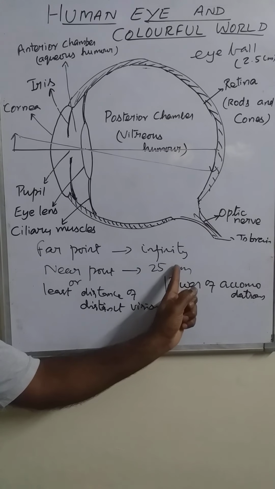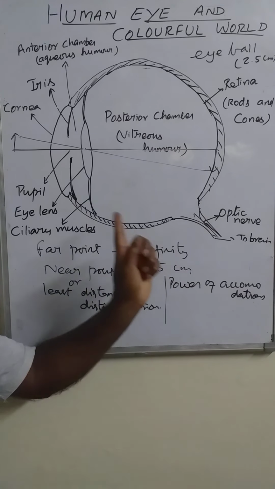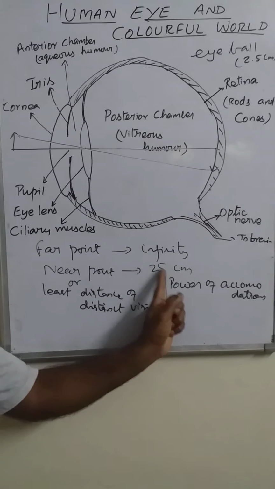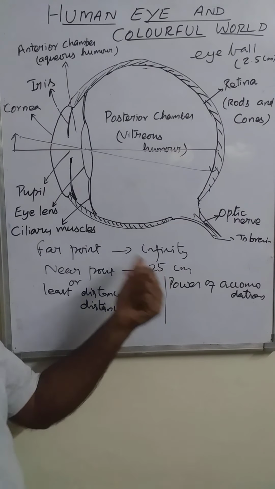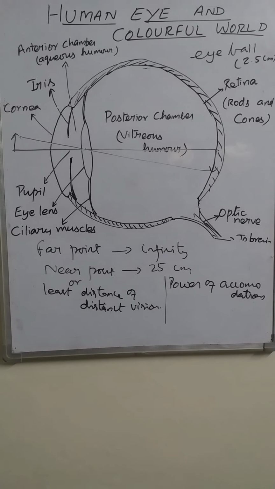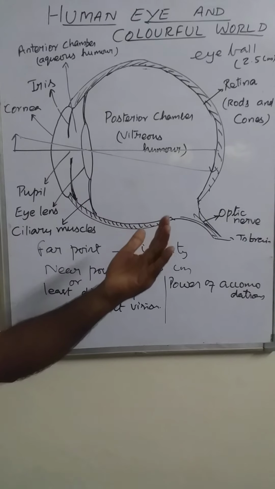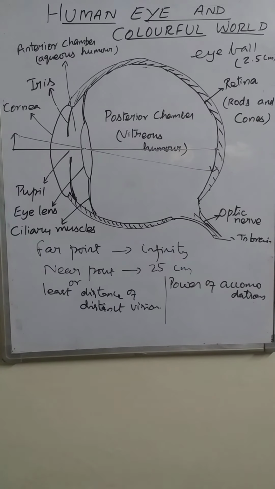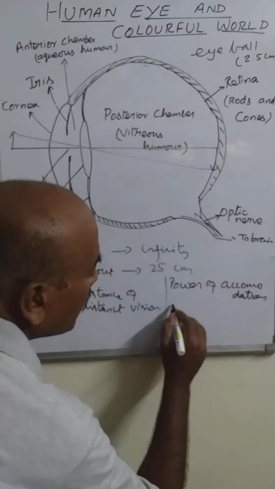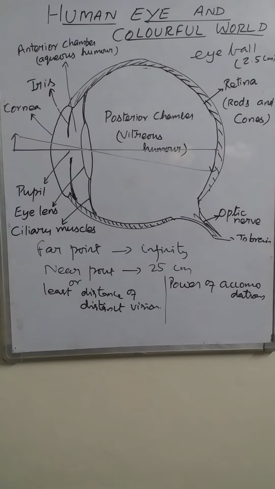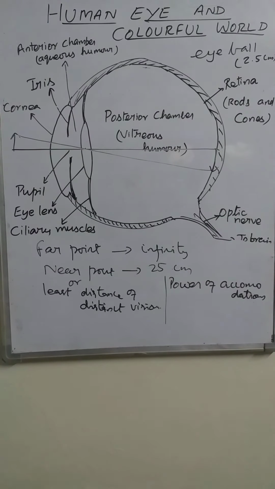For far point, the focal length is infinity. For near point, it is 25 centimeter. If we find the range, means the difference between longest and nearest. Now, if we find the range of power of accommodation.